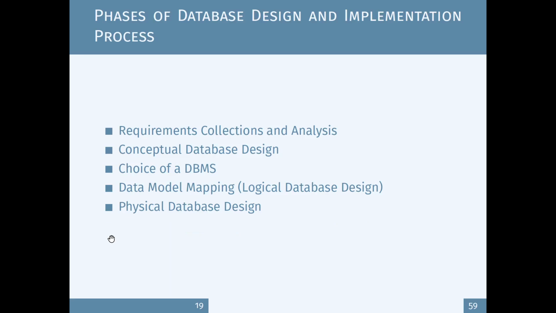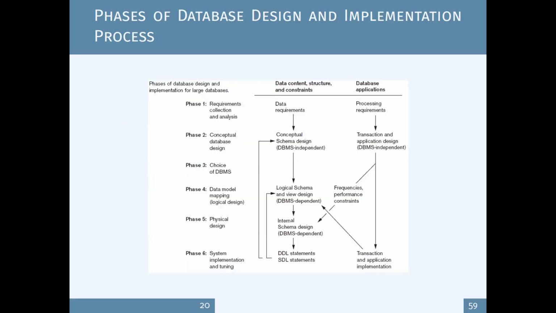If I show you a graphical representation of this, here is how you can see the phases. You can see all the 6 phases here, starting from requirement collection to system implementation and tuning. And remember, you see there are 2 parallel paths. One is we have to focus on the data content, structure, and any constraints.